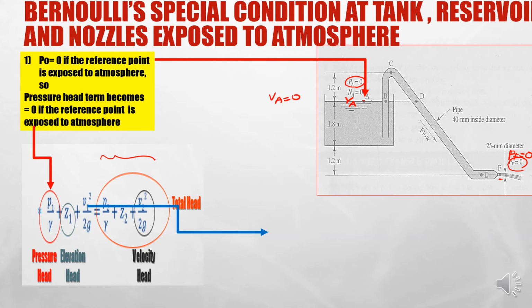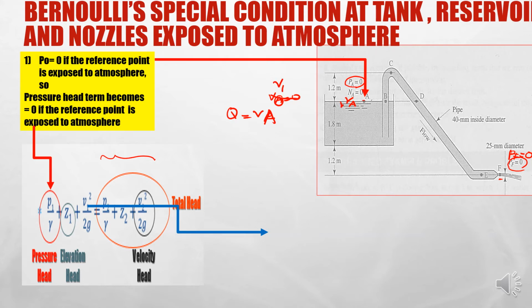Why does VA become 0? Because the velocity is derived from Q equals VA, where A here is the area at point A. Let's say this one is V1.